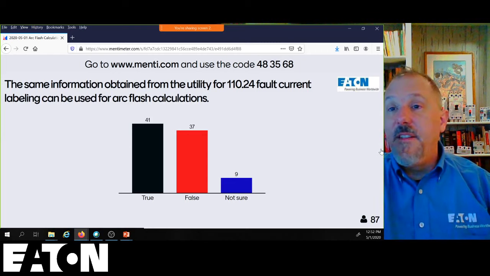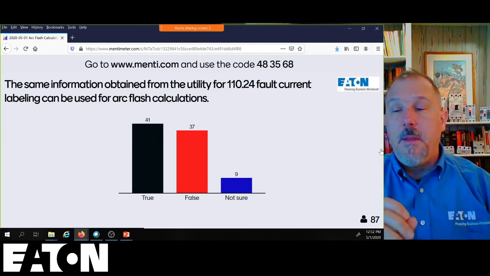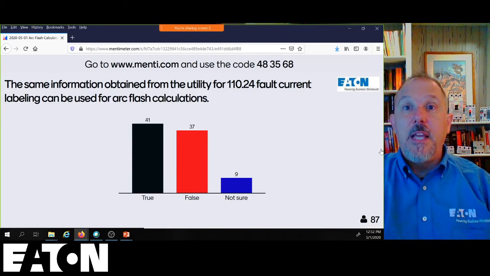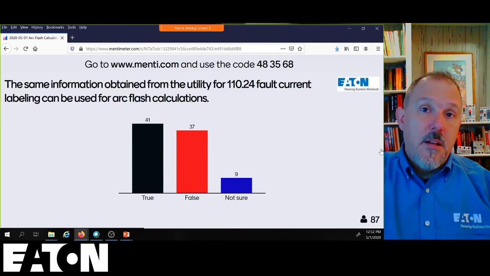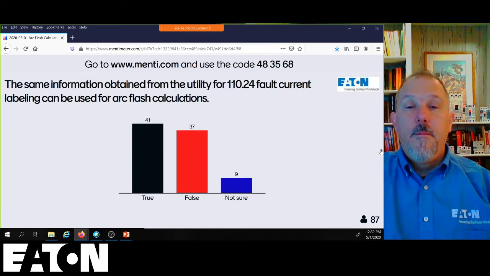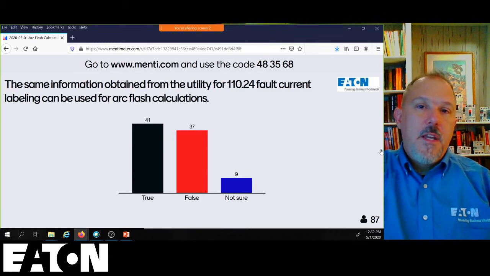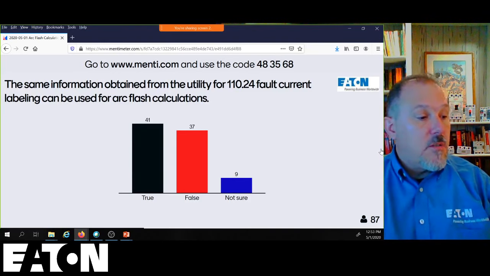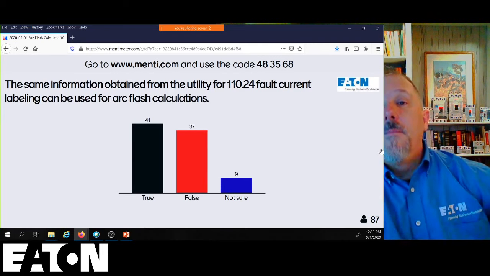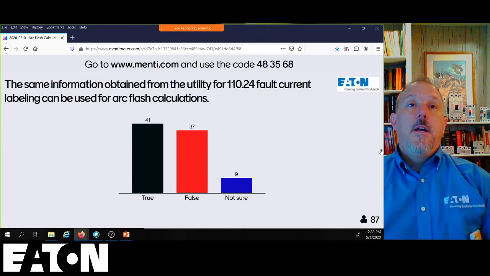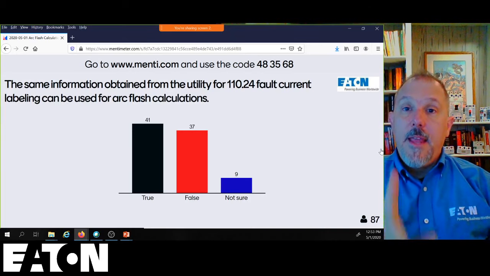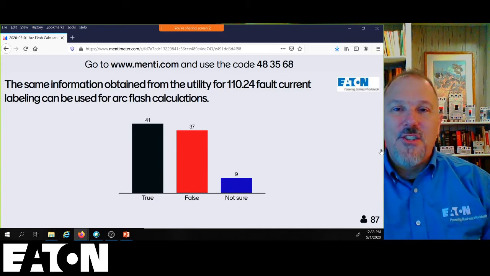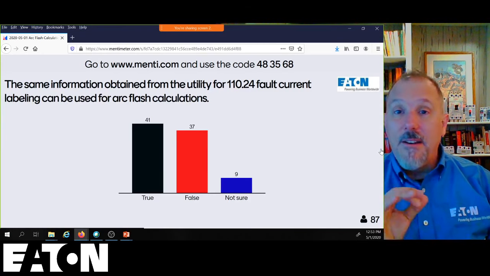That infinite bus is more than likely going to be based upon the lowest impedance of the possible transformer size that they could put outside your building, not necessarily what is actually out there from an impedance perspective. Because if they say, well, I've got a 200 kVA or 300 kVA transformer feeding that facility, what's the lowest impedance that I'm going to get from Eaton, my Cooper guys? And they're going to base their number on that, because if they have to change that out with another 300 kVA transformer of the same size, it's not going to be the same impedance.